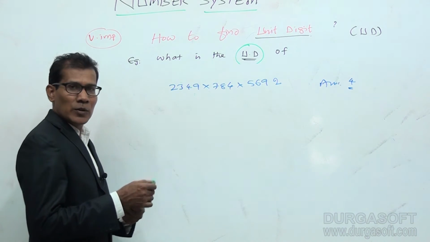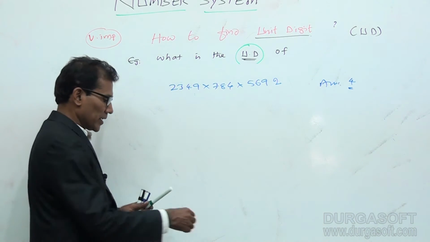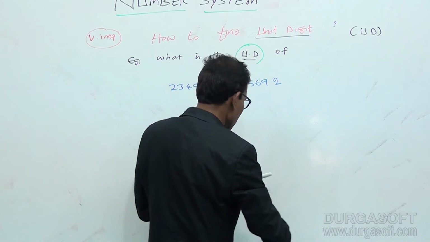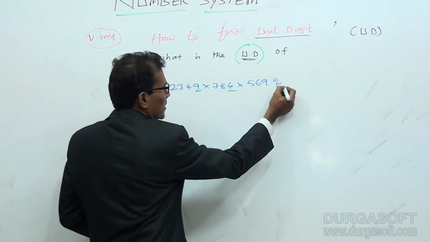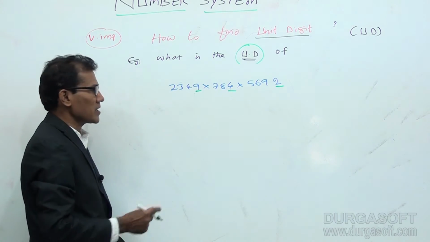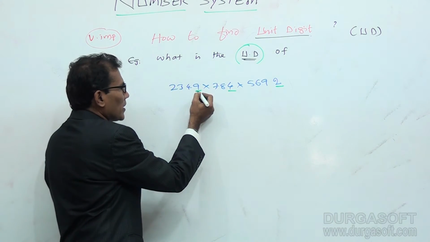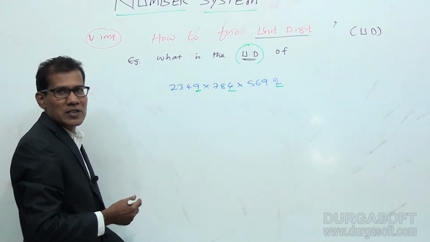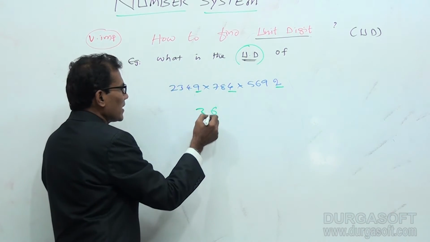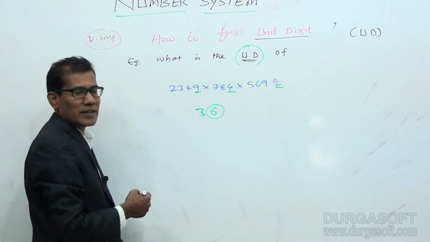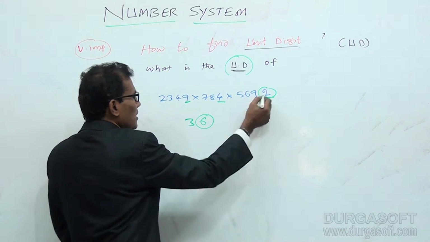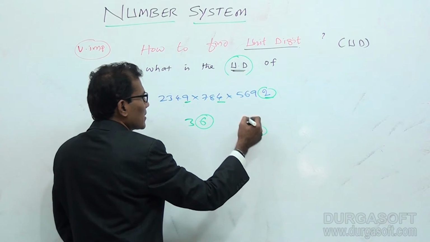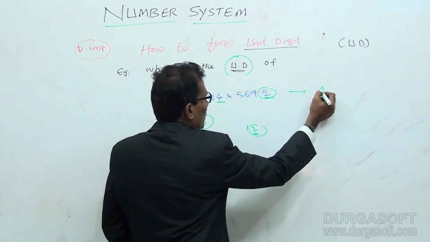As we are focusing only on the unit digit but not a complete multiplication process, in this the unit digit is 9, here the unit digit is 4, here the unit digit is 2. Just focus on the unit digit. First we perform these two. 9 into 4, 9 4s are 36. In 36 we take only the unit digit 6, and here the next unit digit is 2. So 6 into 2, 6 2s are 12. In 12, 2 is the unit digit, so the answer is going to be 2.